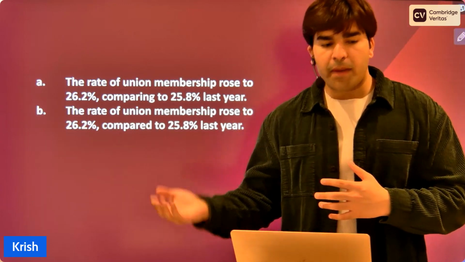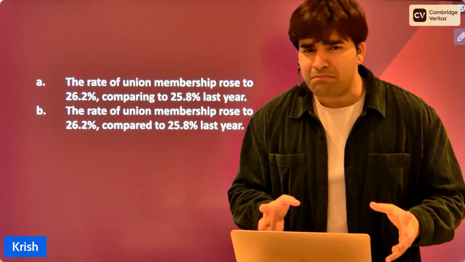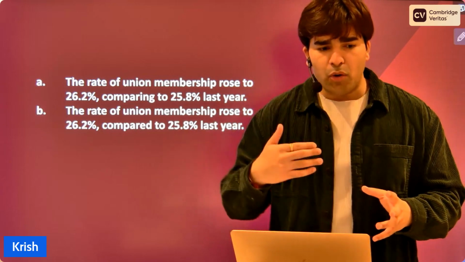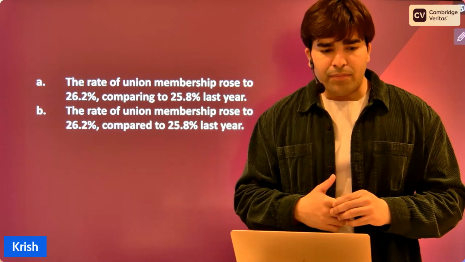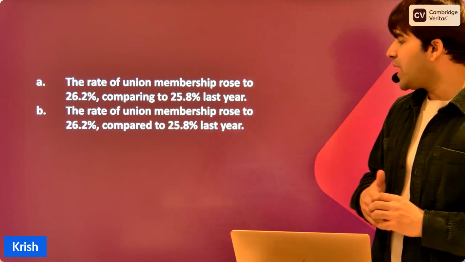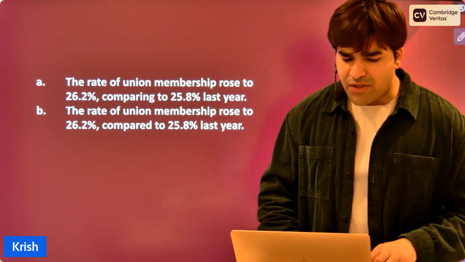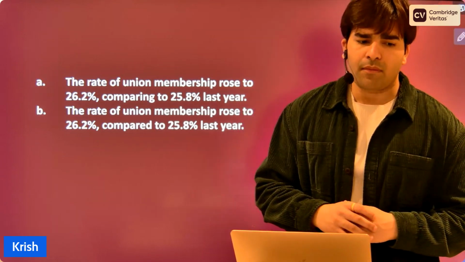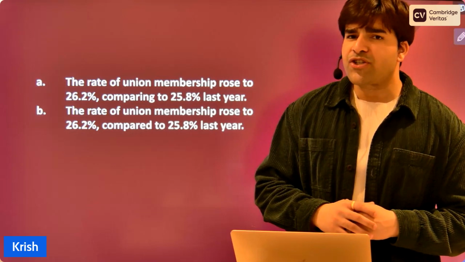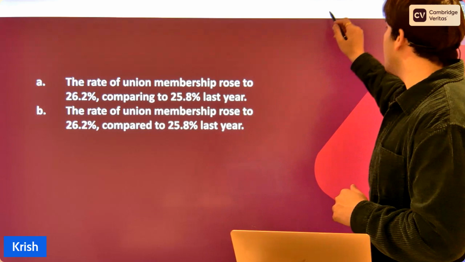And then there's sentence B, with not a major difference between the both of them. The rate of union members rose to 26.2% compared to 25.8% last year. In your opinion, which sentence do you think is right? I repeat, which sentence do you think is right in terms of the comparison that is being made here?